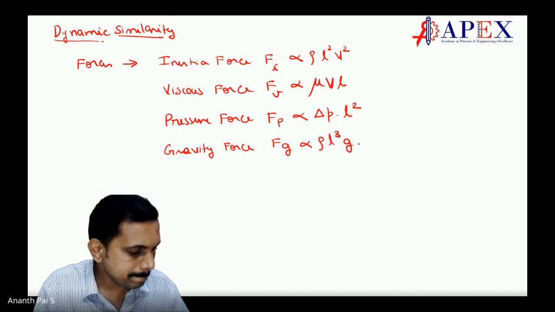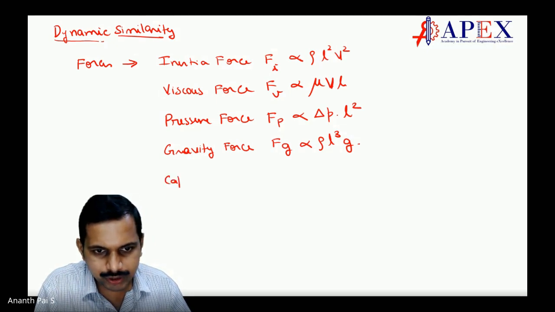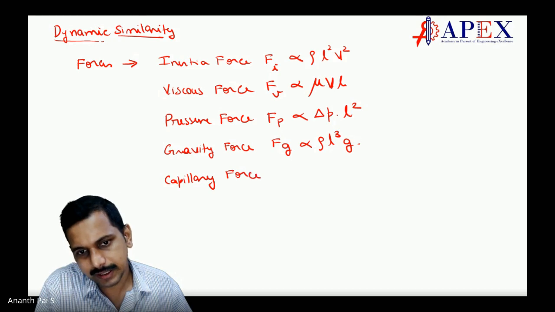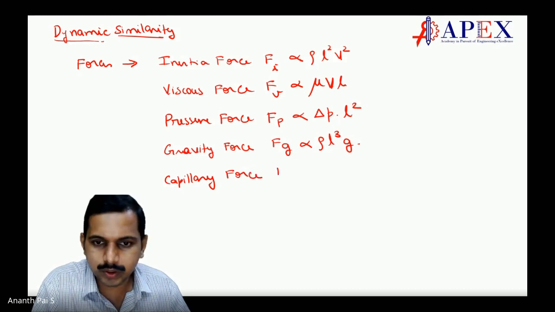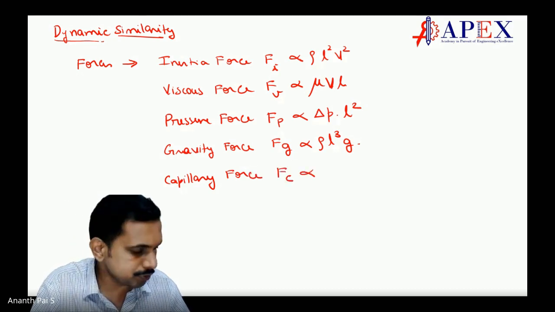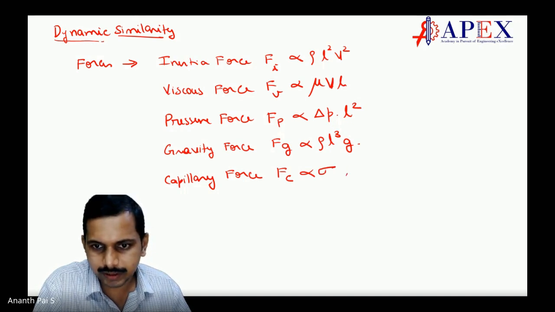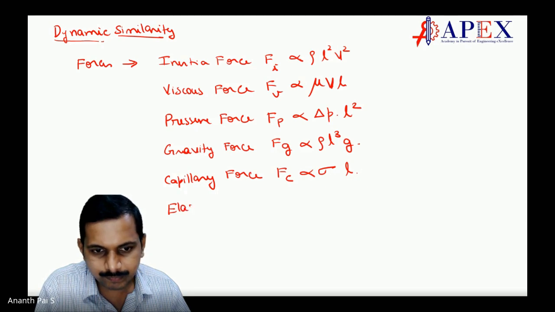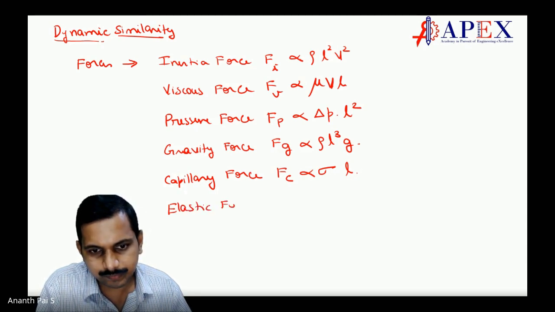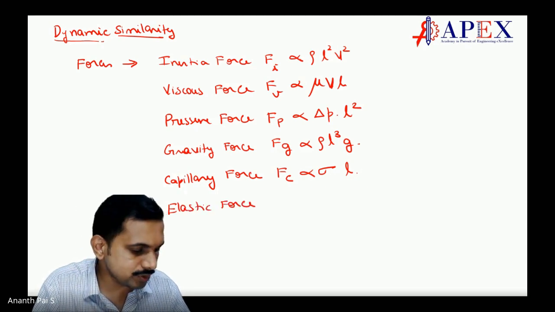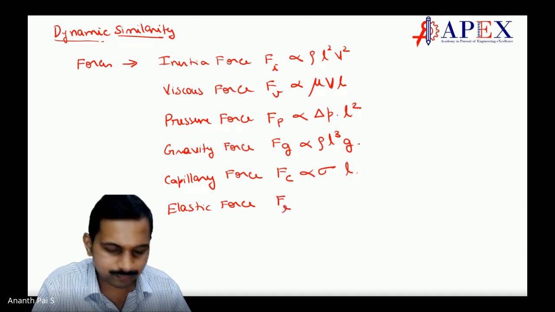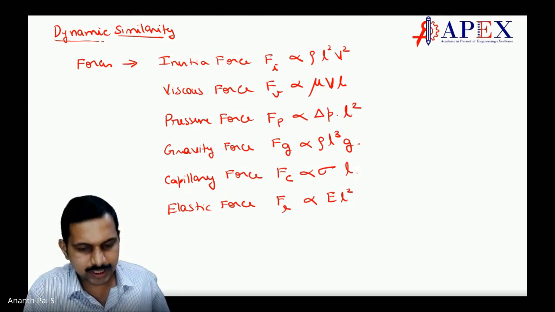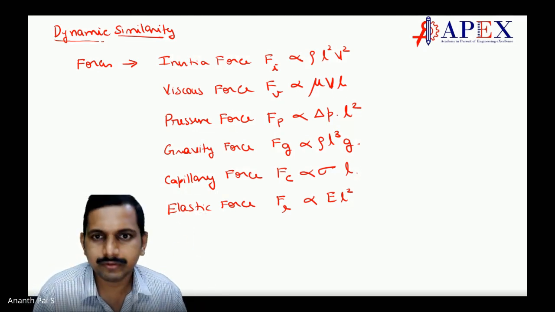Then we had capillary force, Fc, proportional to sigma into L. Then we had elastic force, Fe, proportional to E into L square. These are all the types of forces we were talking about.